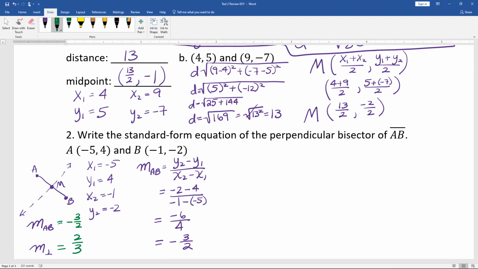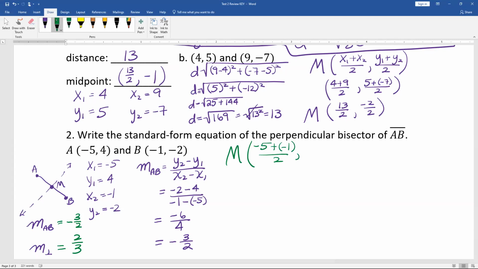So the midpoint of AB, we still have our x1, y1, x2, y2. Midpoint is the average of the x: x1 is -5 plus x2, which is -1, divided by 2.